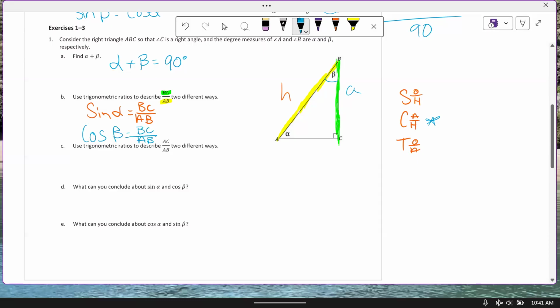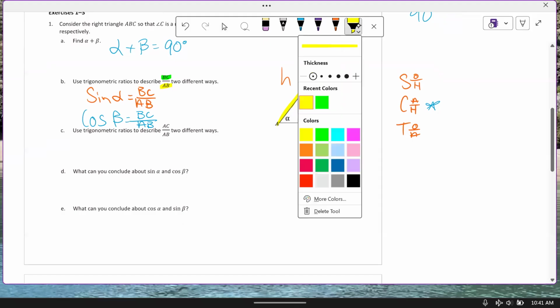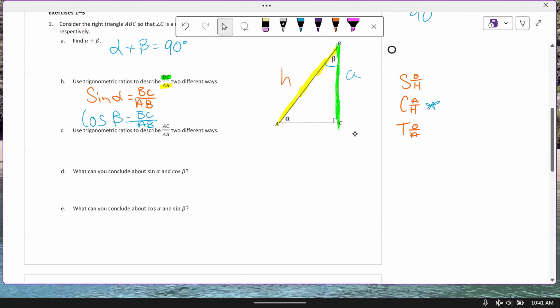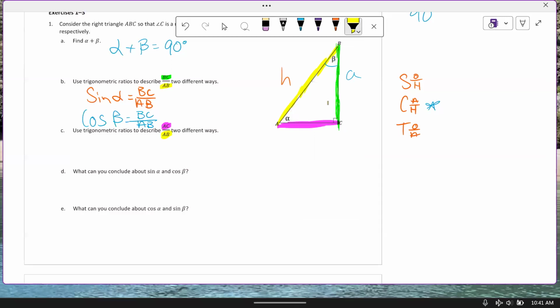Now, if we use trig ratios to describe AC over AB in two different ways, AC would be this pink line. AB is still going to be our yellow line. That has not changed. We're going to do the same thing: pick an angle to start. We already have our beta highlighted, so we can start there.